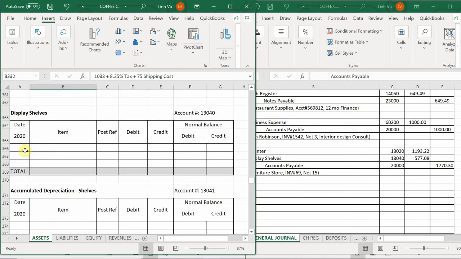Once again, the display shelves, we bought it on the 7th of June. In the notes here, you could say it was $510 plus 8.25% tax plus $25 for shipping.